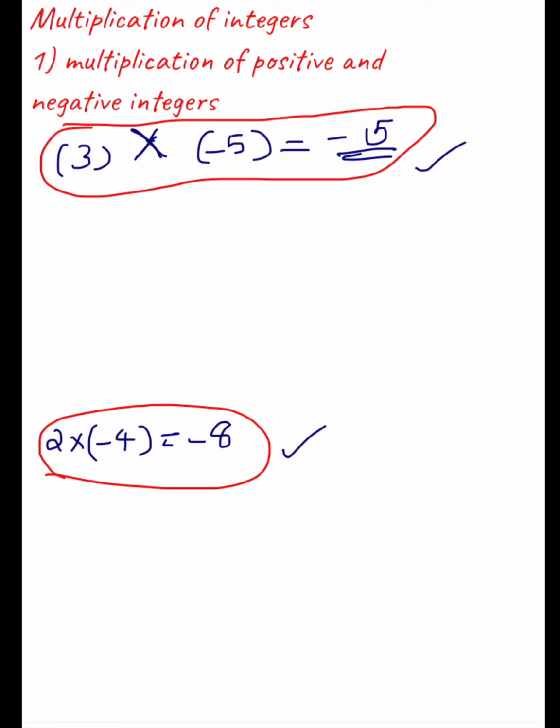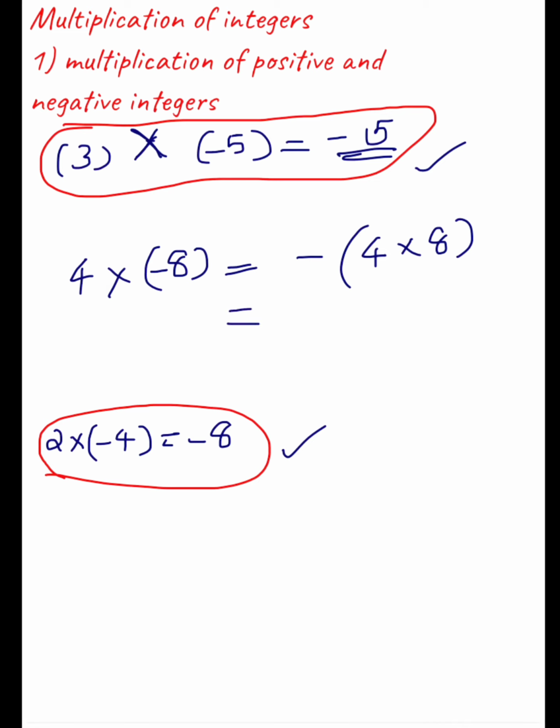Suppose I am taking 4 into minus 8. Here the first thing that you have to do is multiply the numbers as whole numbers, that is you just multiply 4 into 8, and then you have to put one negative sign.